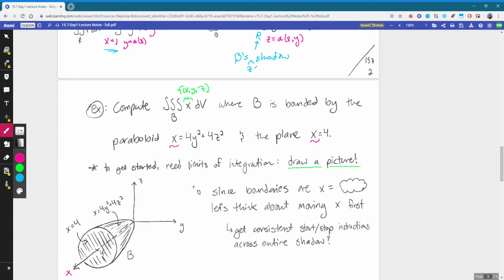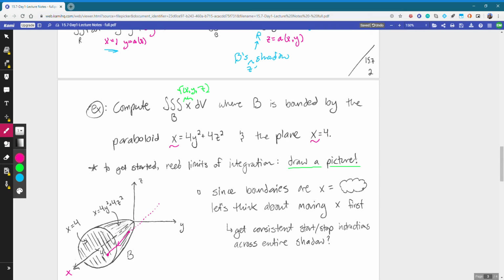So if we're moving in the x direction, we want to imagine backing up against the yz plane, and moving purely in the positive x direction, and we're going to start, blink, right when we hit our ham. We're going to keep moving in the x direction until pop, we come out on the x equals 4 side there, right, moving that way.